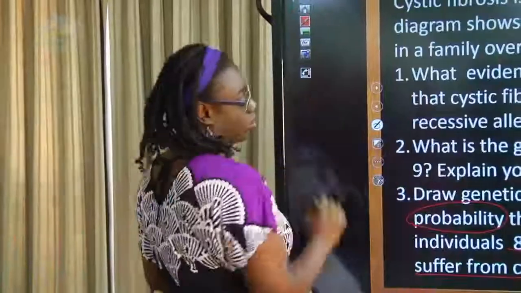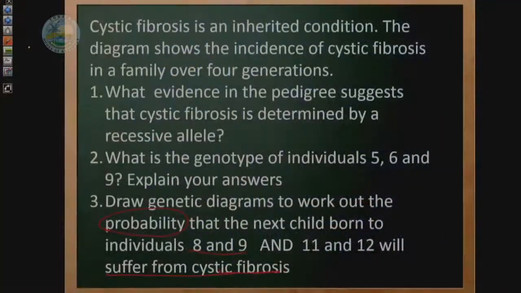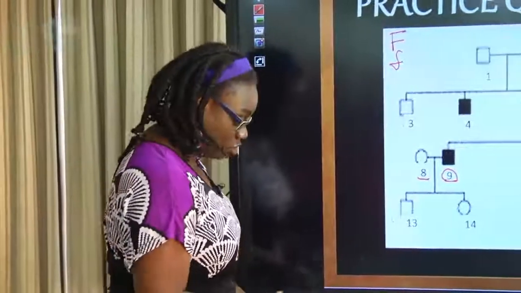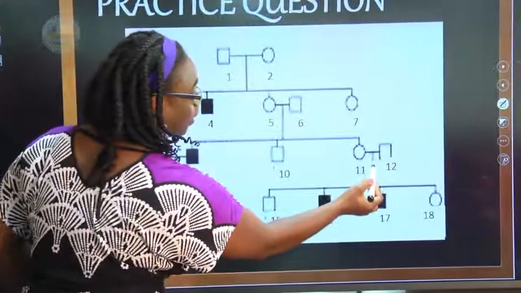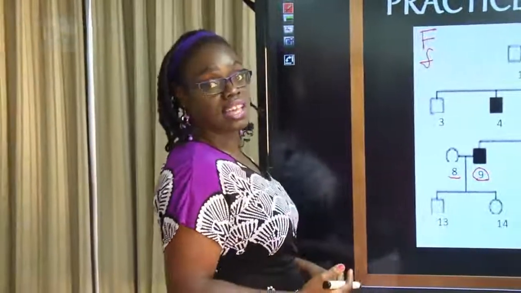Part 2 asks, what is the probability that the next child born to individuals 11 and 12 will suffer from cystic fibrosis? So let's look back at our pedigree chart. Individuals 11 and 12 are here, and their phenotype indicates that they are normal. They do not have the disease.